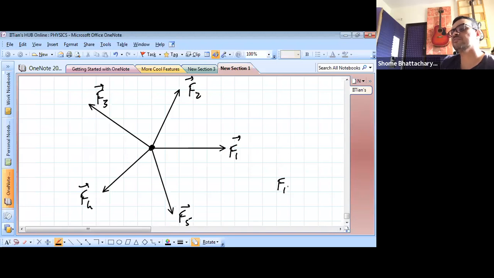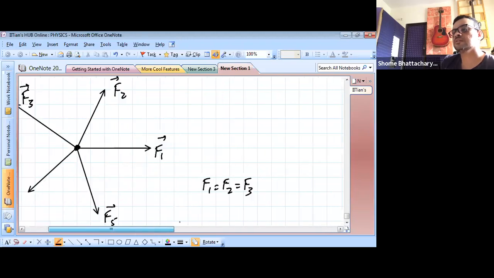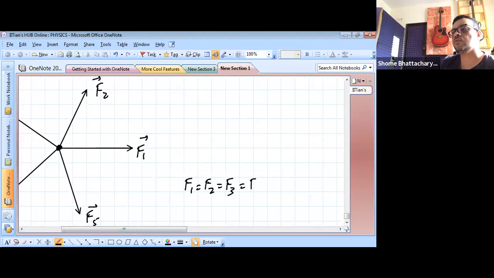So mod of F1 is equal to mod of F2 is equal to mod of F3 is equal to mod of F4 is equal to mod of F5, and let's say that is some F. So all of them have the same magnitude.